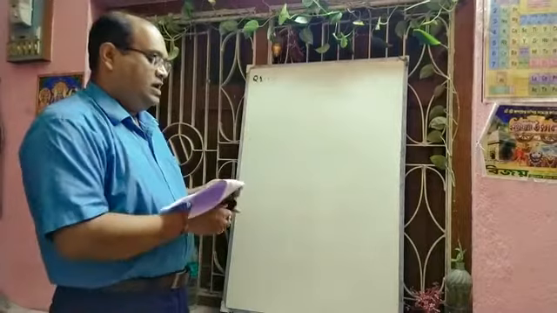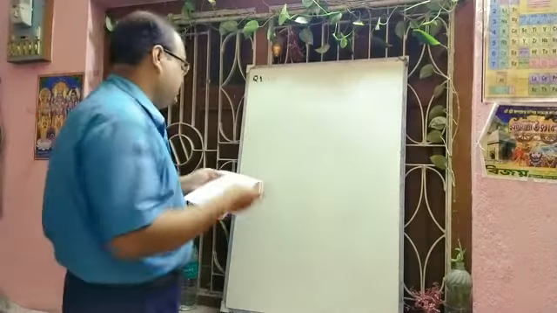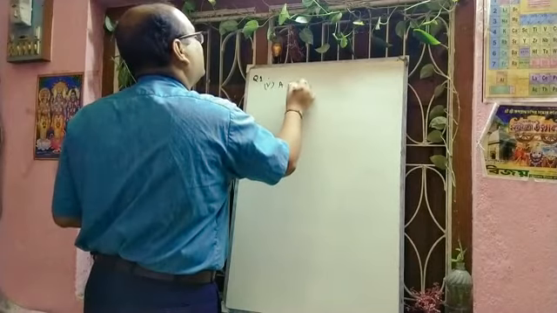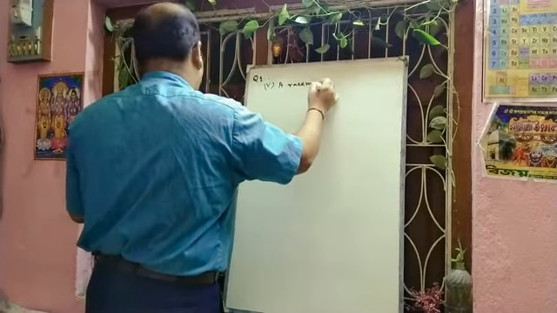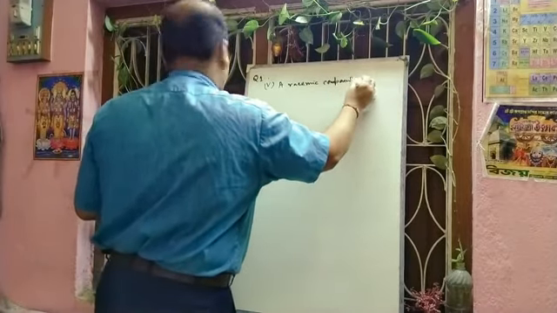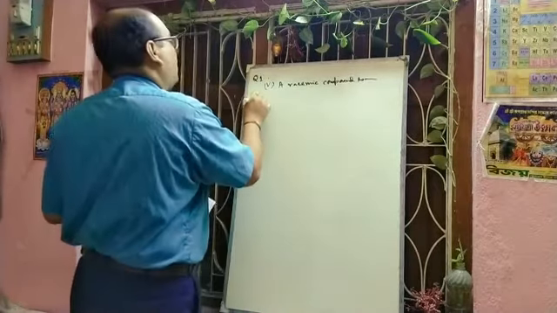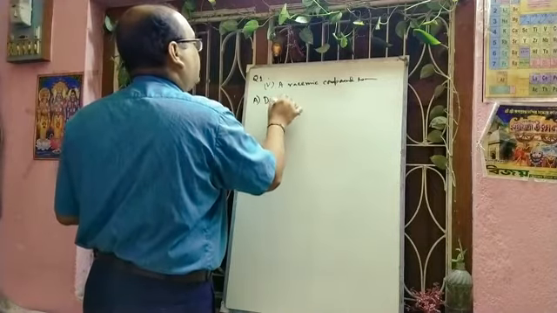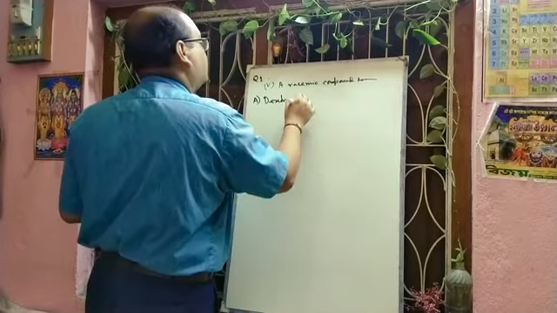Next question was, a racemic compound is dash. Option A was dextrorotatory.